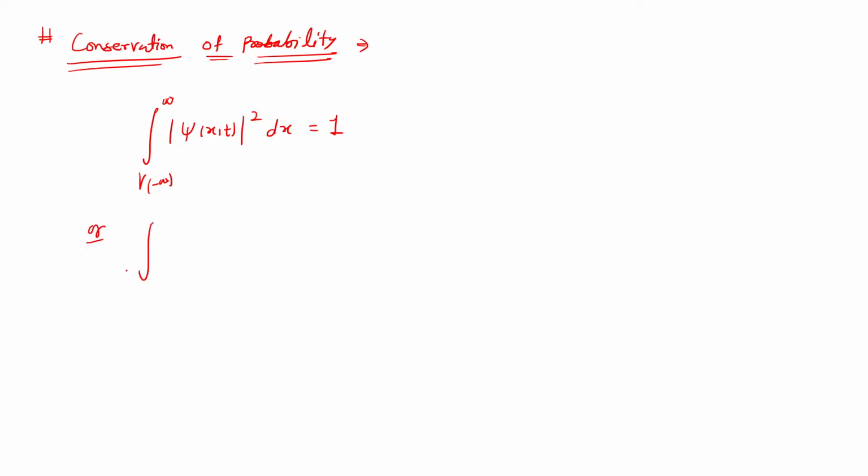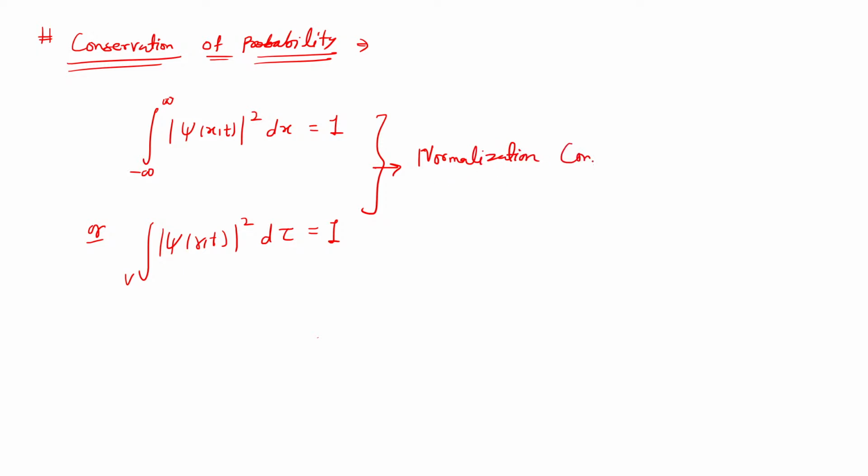Or you can write in the complete volume, psi (r,t) in place of x in 3 dimensions, in the entire volume |psi (r,t)| squared d tau should be 1. So this is basically called the normalization condition, very important.